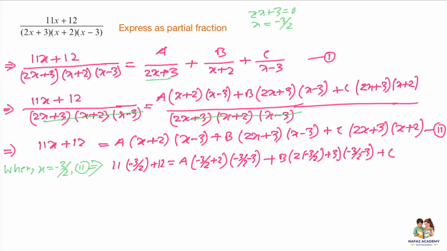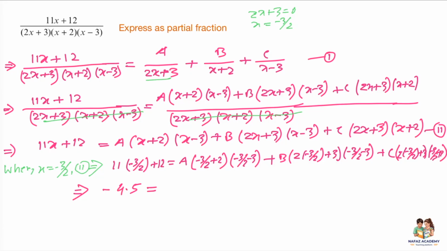Do you understand? It is unnecessary to write the B part and C part because you know they will be 0. Anyway, what is the calculation? I'm using the calculator.